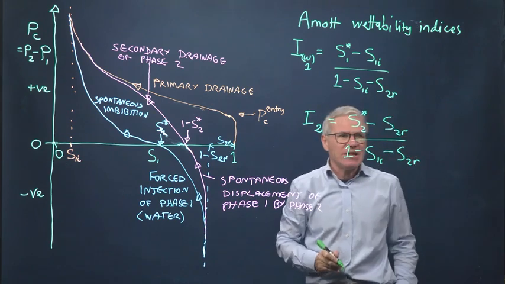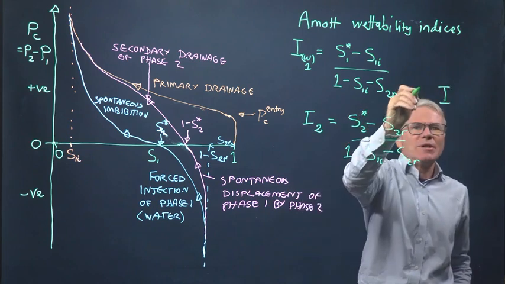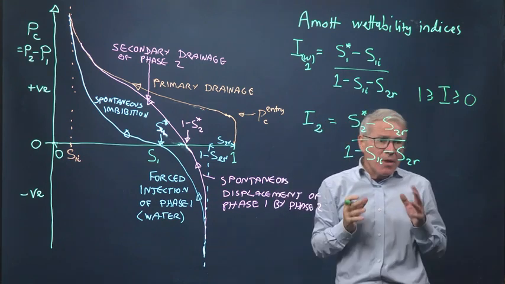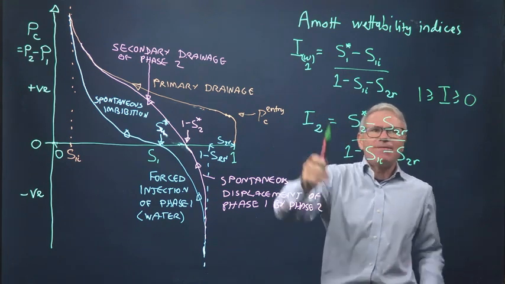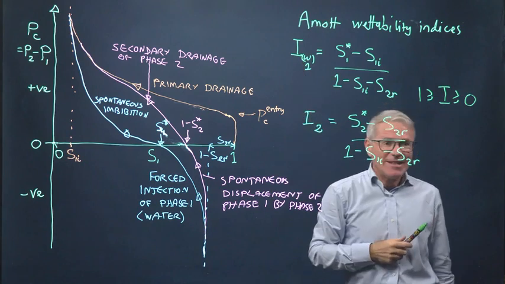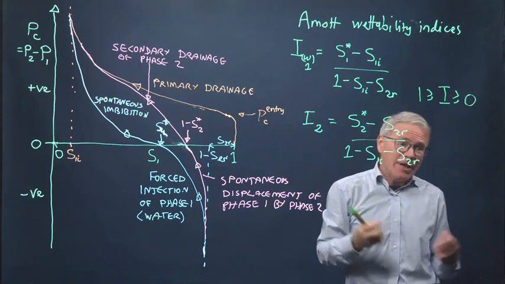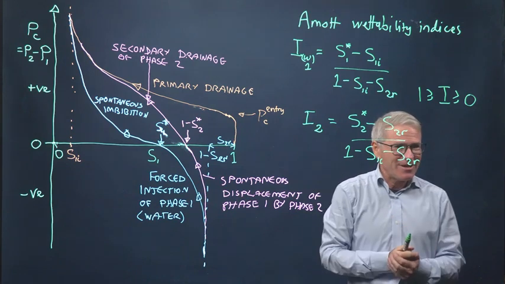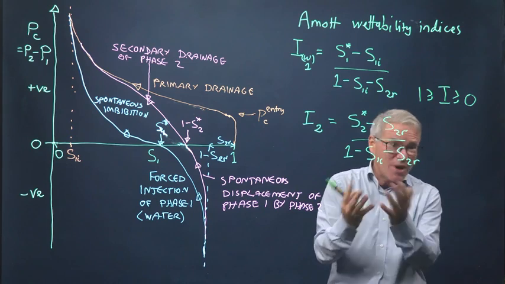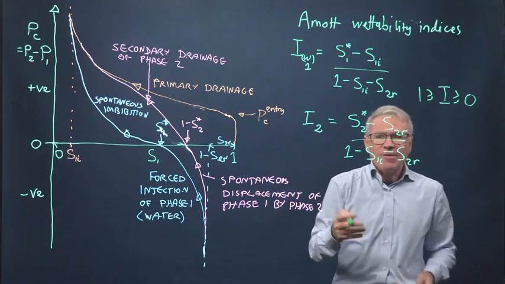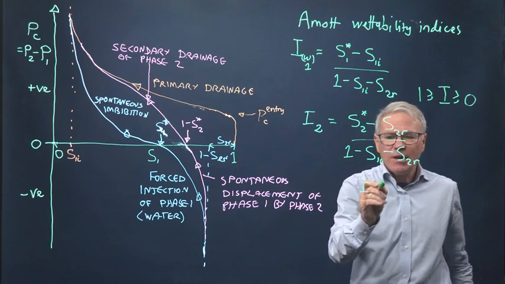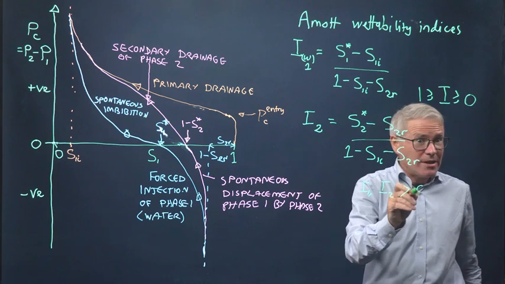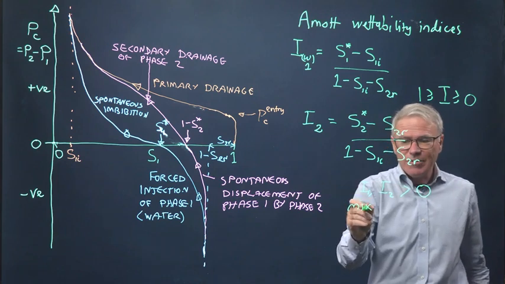Both of the indices are between 0 and 1. What that represents is, if the water index is positive, then we have some water-wet regions. If the oil index is positive, we have some oil-wet or gas-wet regions. So if I1 and I2 are both greater than 0, we have a medium that's mixed wet.